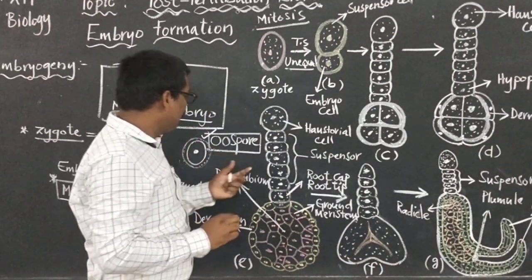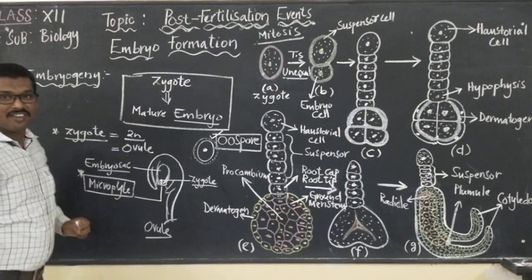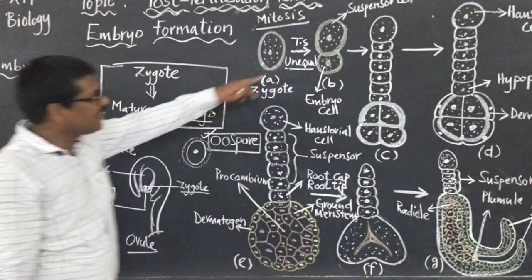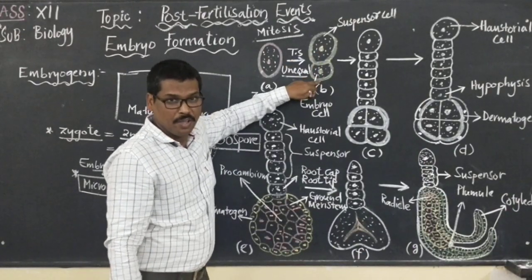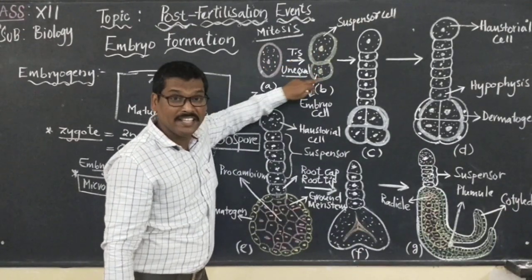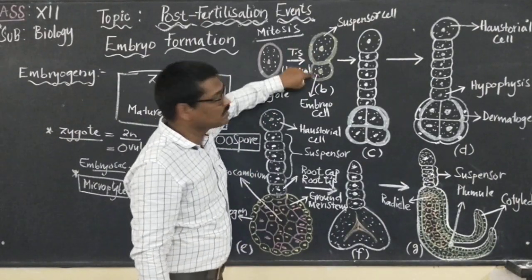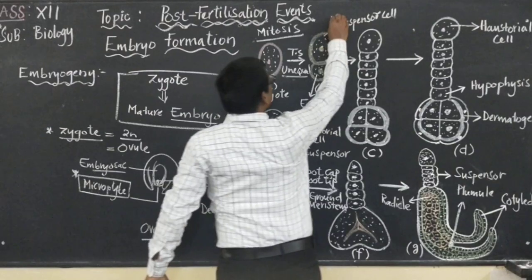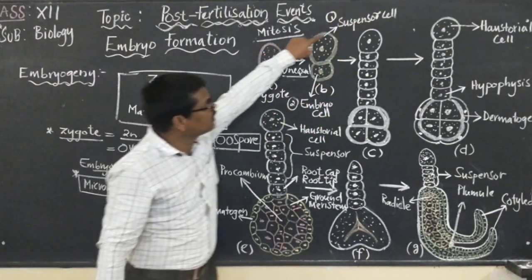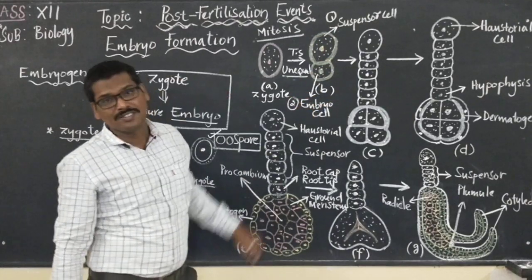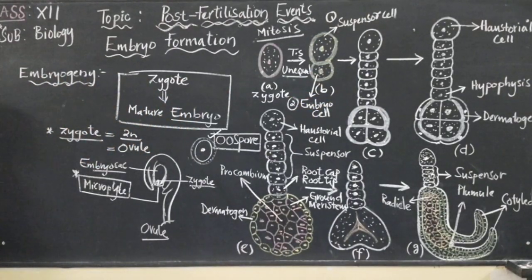Now, in the very beginning we said that the zygote is present towards the micropyle region. When the zygote undergoes unequal division, it produces two cells called the suspensor cell and the embryo cell. Where are the suspensor cell and the embryo cell? We will see.